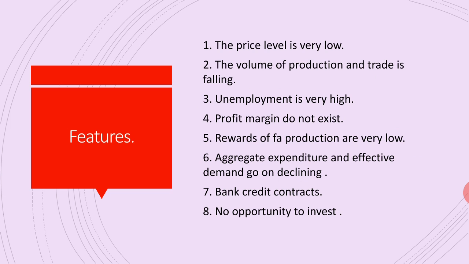They are not ready to give loans and advances, because everything goes on declining. Prices are less, production is declining, trade is declining, unemployment is very high, no profit margin, rewards of factors of production are very low, expenditure is falling, effective demand goes on declining, then banks are not ready to give loans and advances. So bank credit contracts.